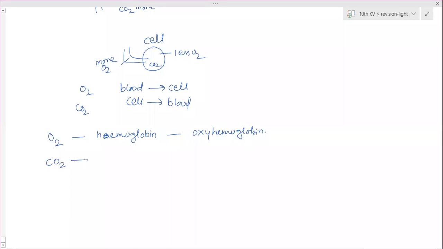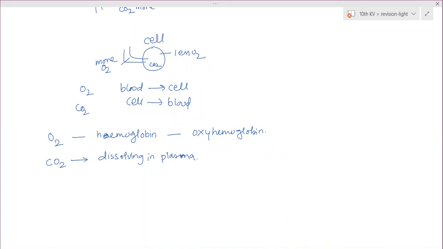And carbon dioxide is transported by dissolving in the liquid part, that is plasma. Carbon dioxide is transported from the cells to the lungs dissolved in blood plasma, moves towards the lungs, and is taken out through the air. When we exhale, it comes out.